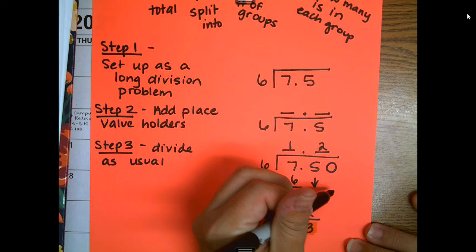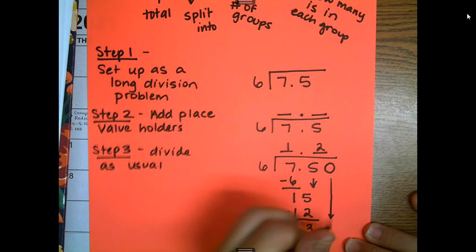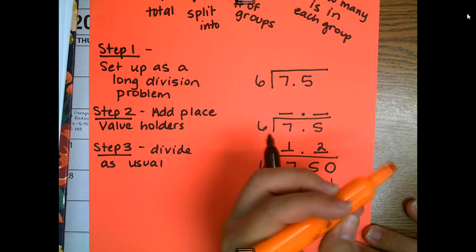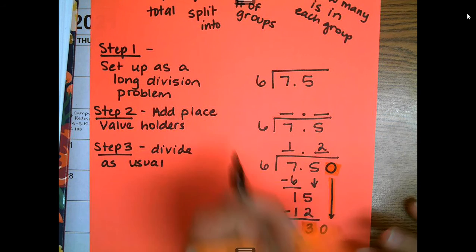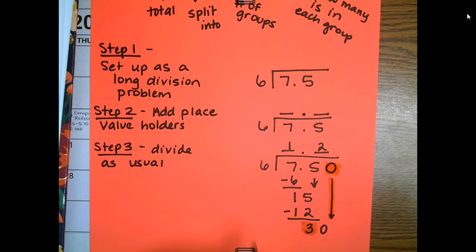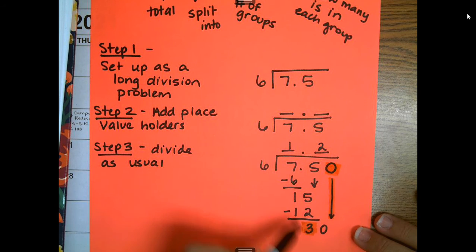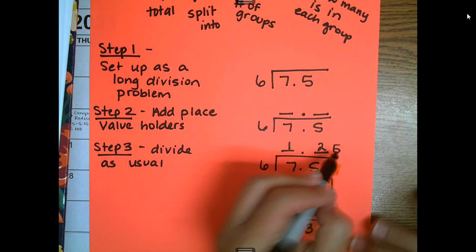So now, when I subtract, now I've got another number I can bring down, the 30. So let me highlight this place value 0 here, show that we added that. And then now when I go to do my division again, now I can keep going. So 6 goes into 30 5 times. 6 times 5 is 30.